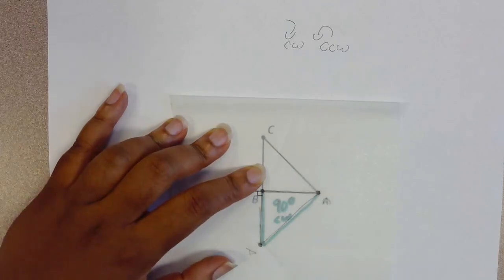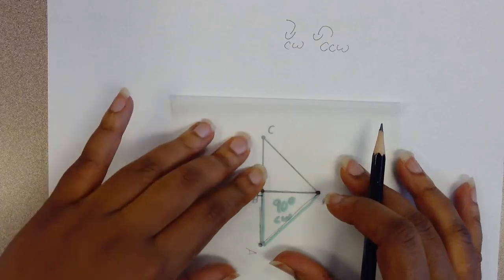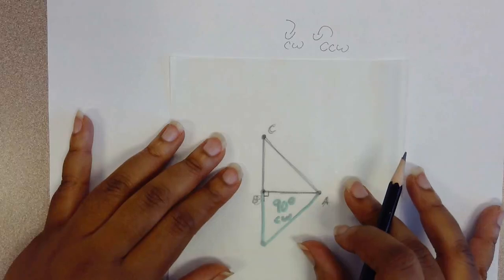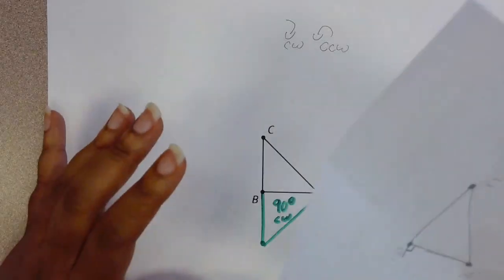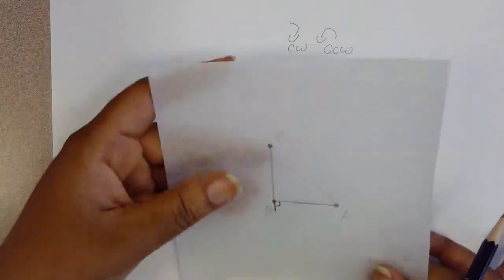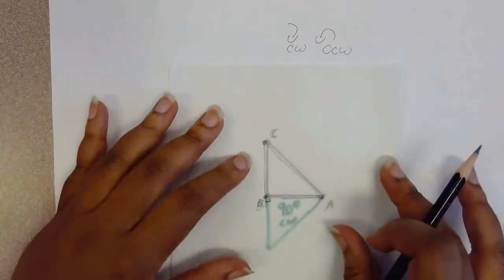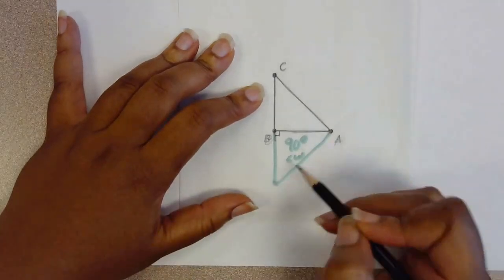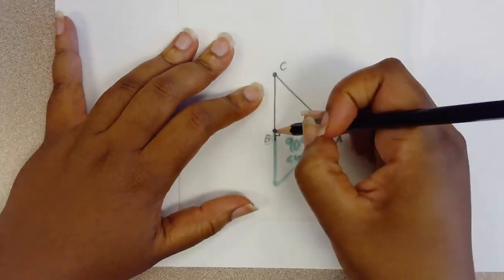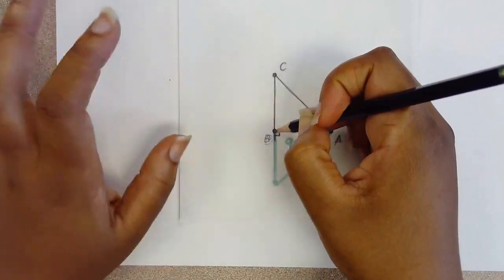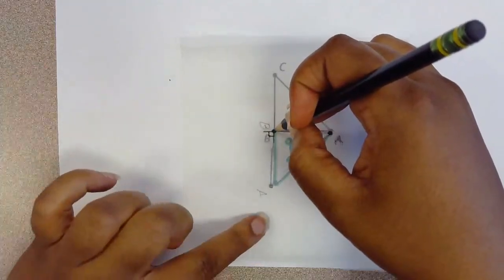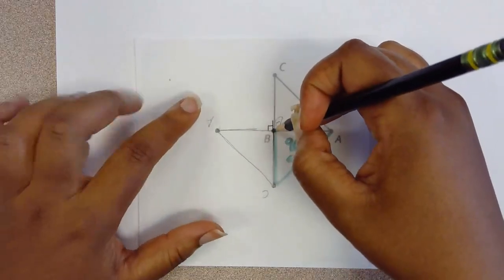Question number 2 says to rotate the same shape 180 degrees clockwise around point B. So I'm going to take my shape, since I already have it traced up here. I'm going to realign it with the original. I have my new shape here from question number 1, so I know that's 90 degrees. And 180 is 2 sets of 90 degrees. So here's 1, and here's 2.